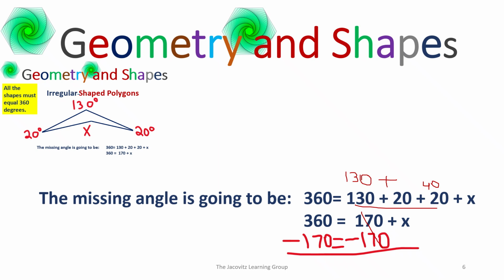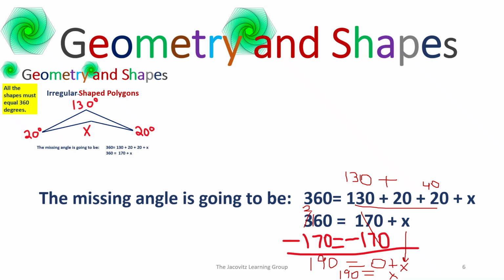So if you subtract 170 here, you get 0, and you subtract 170 here, you're going to get, don't forget to borrow, 190. So this isn't equal to 0, it's equal to x, because that's what you were trying to solve. This is 0 plus x, not 0 times x. So it's x equals this number.